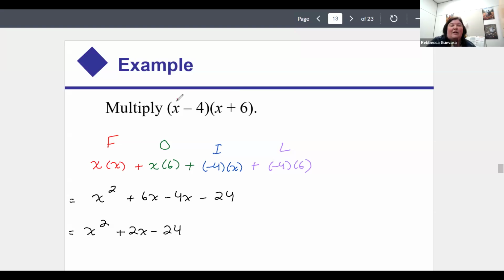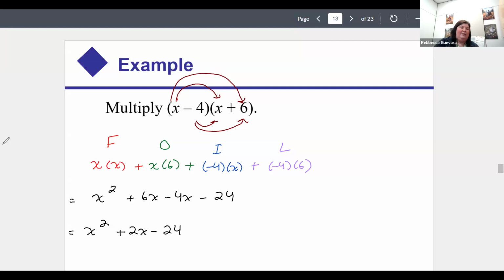Because what I did was this. I multiplied this term to this term. So I've married that pairing. Then I take that x and I multiply this term. I'll take that x and I pair it to both terms in the other polynomial. Then I take this 4 and I pair it once again to each term in the other polynomial. So what FOIL is trying to do is just make sure that we do all these pairings.